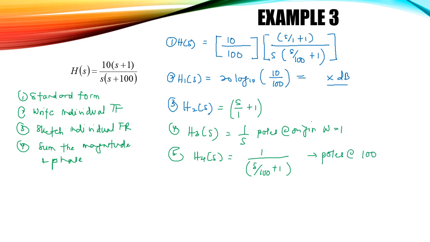Once we have all the individual transfer functions, you need to sketch the frequency response for each individual component, both the magnitude and the phase plot, and then finally sum them up. If the question asks you to draw, then you need to use logarithmic paper to plot or to draw your Bode plot.